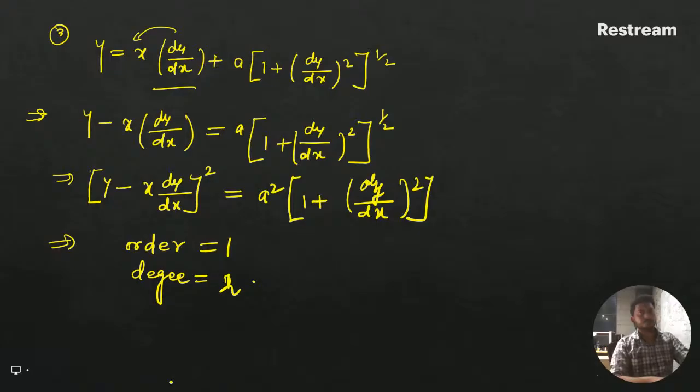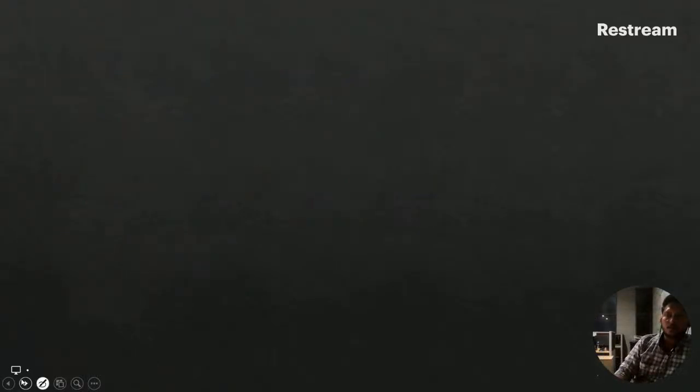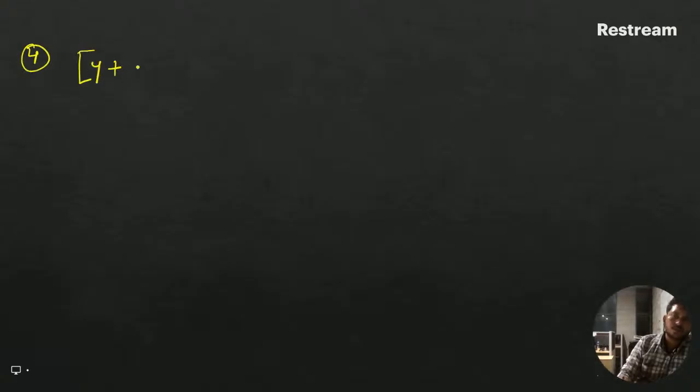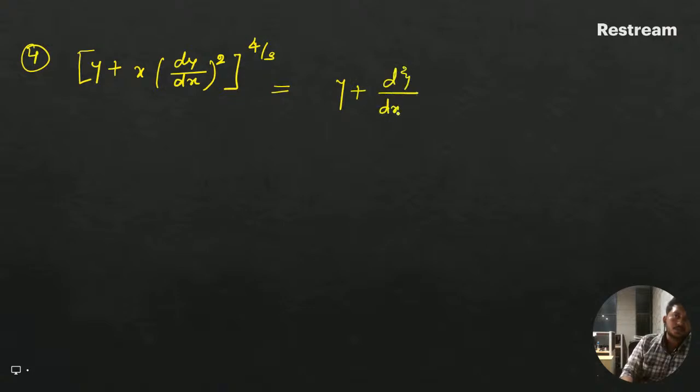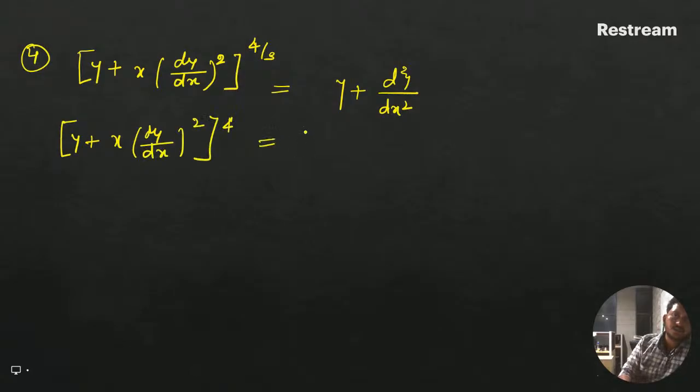Now, next is question number 4. y plus x dy upon dx to the power 2, to the whole power 4 by 3, which is equal to y plus d2y upon dx square, and here y plus x dy upon dx to the power 2 to the power 4, and here also equals y plus d2y upon dx square to the power 3.